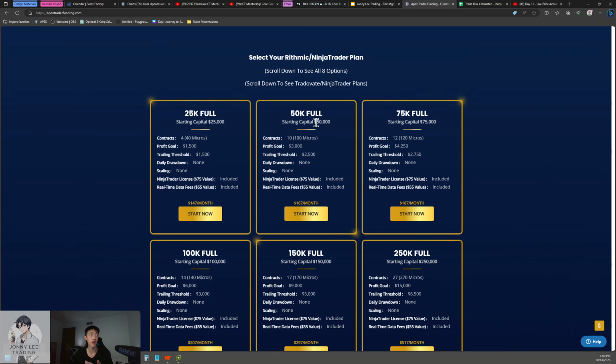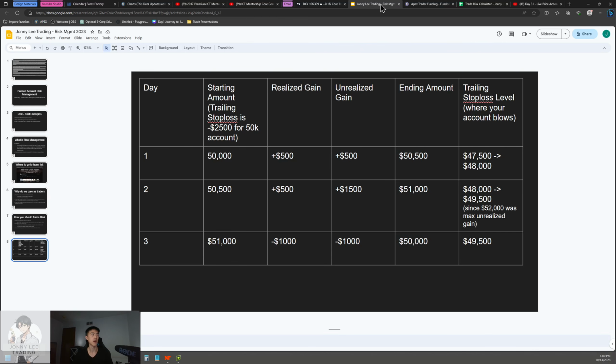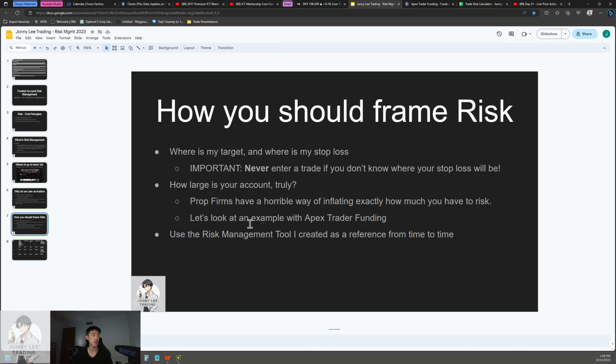That means you would have gotten your account to $52,600. So 50,000 plus 2,500 of a trailing stop loss plus 100. At that point, it stops trailing for funded accounts, for performance accounts, and you're done. So that is one good thing if you can stick it out that long. So I think that is kind of key, and risk management will help you do so.